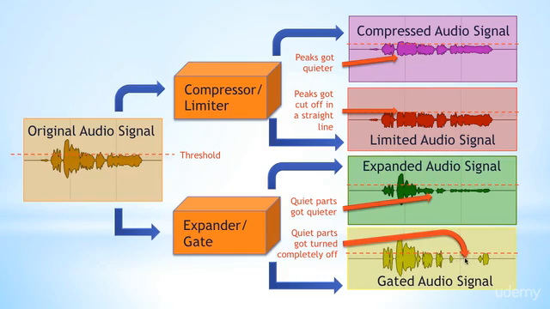Everything below the threshold got turned off. So basically, you are not tall enough to ride this ride. You cannot pass. A gate is very abrupt. So a gate is a very hard expander. So I hope you'll see the correlation here. A limiter is pretty much a very hard compressor, and a gate is a very hard expander.